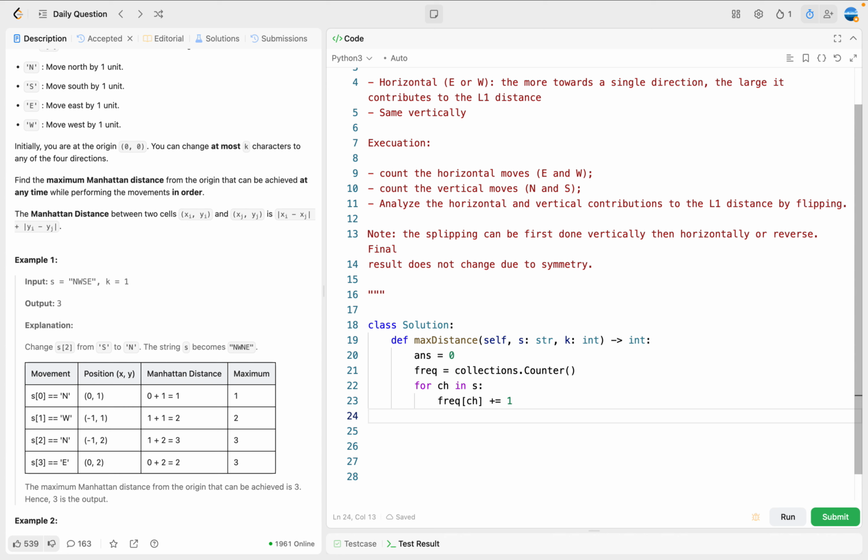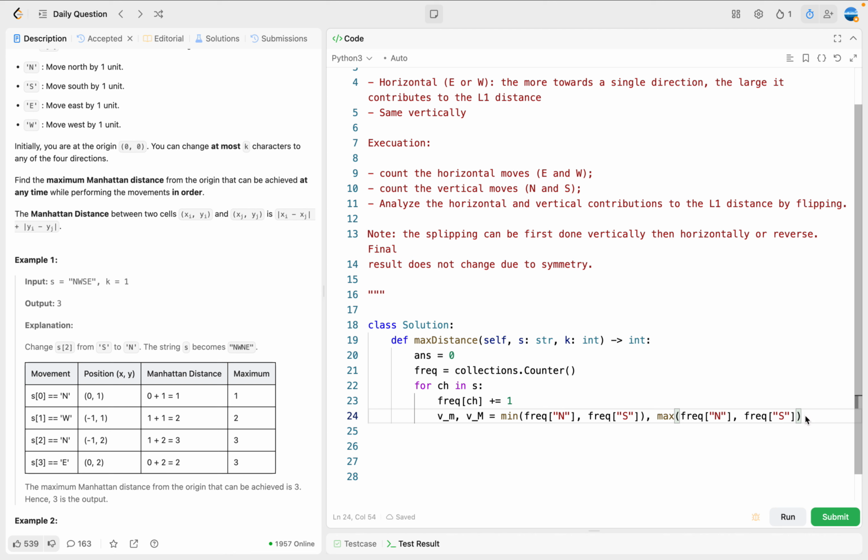And then we look at the horizontally the larger counts and the smaller count, same for vertically. Let's do vertical little m and vertical capital M. So it will be the min of the frequency of north and the frequency of south. This is the min, and we can do the same for max, right?